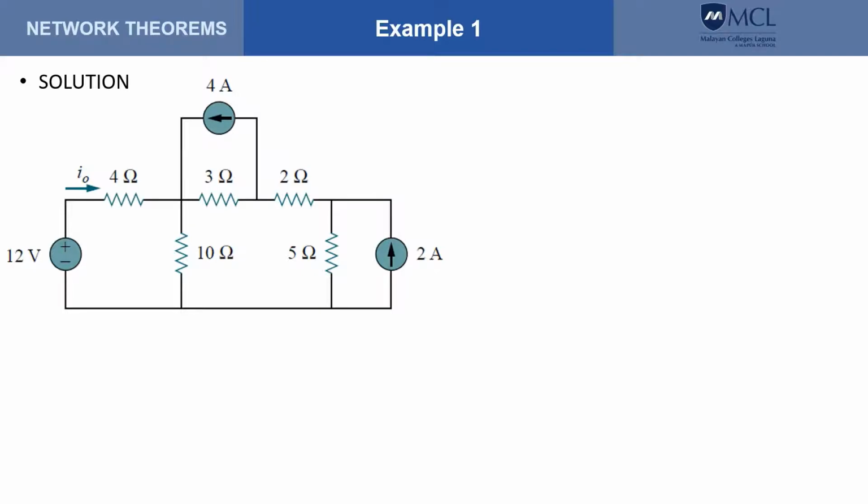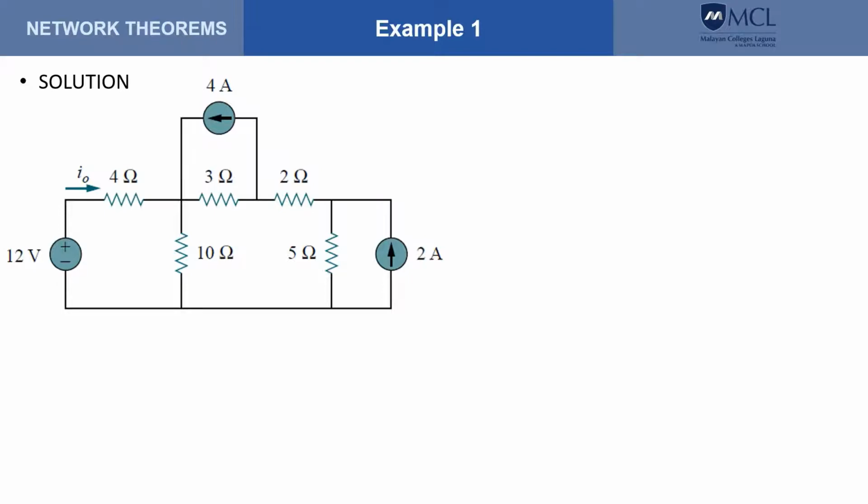That means we reduce the number of loops into a sufficiently small number, preferably a single loop, from where we can solve the parameters easily. To reduce this, we look for parts of the circuit that are a current source in parallel with a resistance, or a voltage source in series with a resistance.